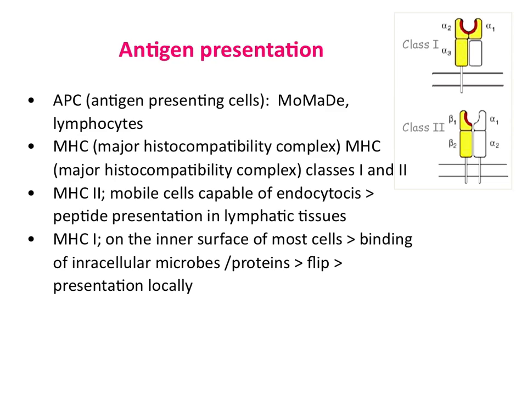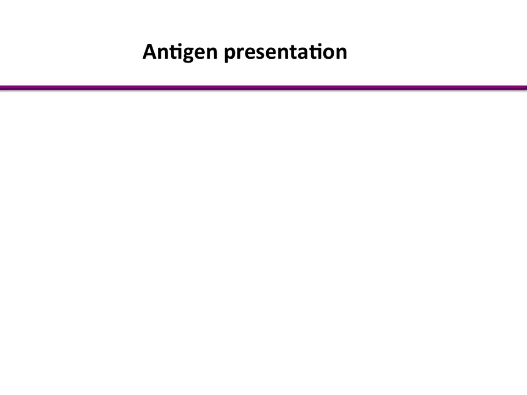MHC1, on the other hand, is basically on the inner surface of most cells, and if there is an intracellular microbe, it binds to the class 1 inside the cell, which leads to flip over and presentation outside the cell, causing attraction of cells to kill that target.